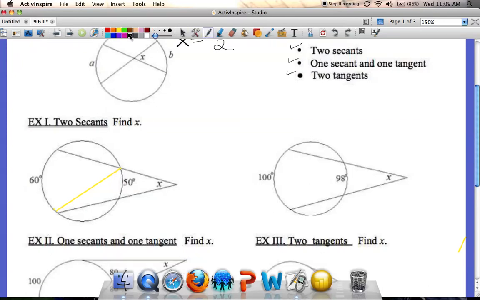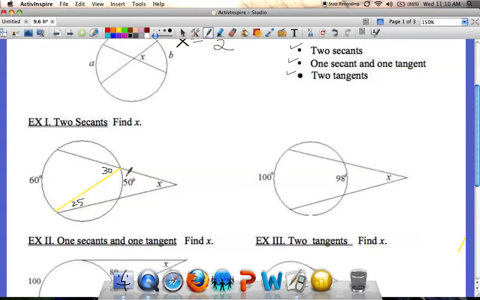And we can find some of the measures of these angles because this angle is inscribed, so this would have a 30-degree angle here. This angle is inscribed with a 50, so this is going to be a 25-degree angle. And we can find the measure of angle X by figuring out if this is a remote interior, exterior, this is 30, 25 plus 5 would be the answer.